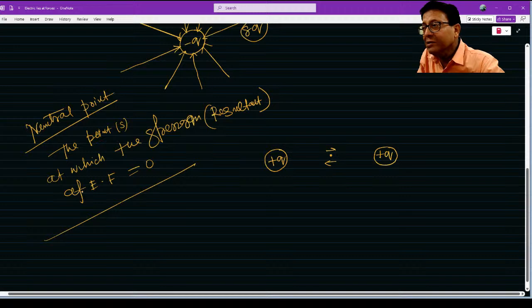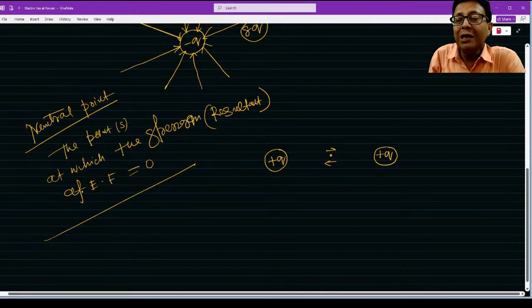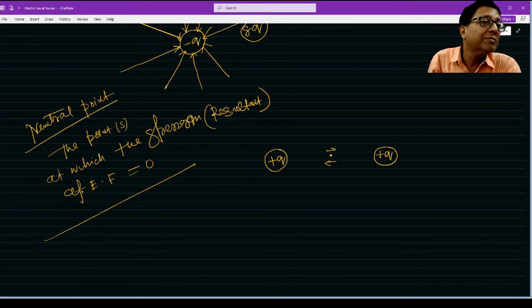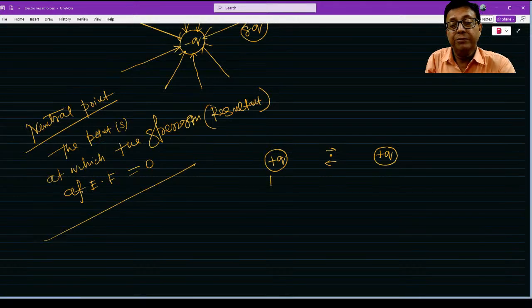A few at least. I have taken equal charges, so it will be symmetric. How? Those lines of forces are trying to come here, but this one will be repelling. It will not allow the electric field of the other charge to set up, because they repel, no?